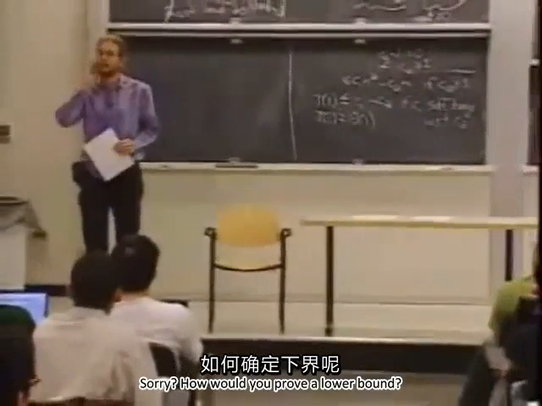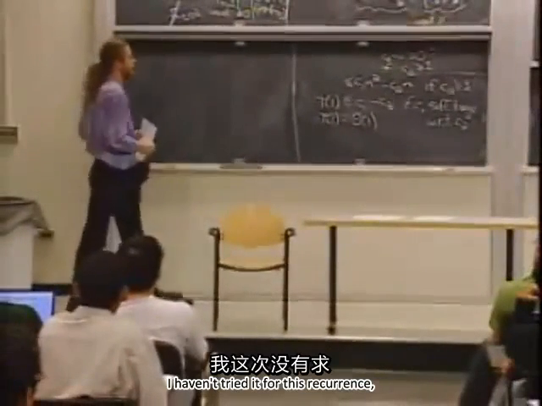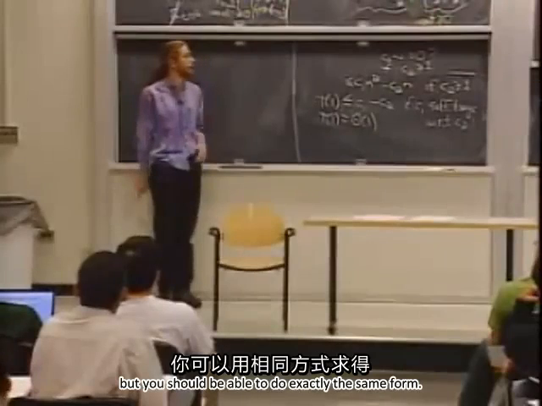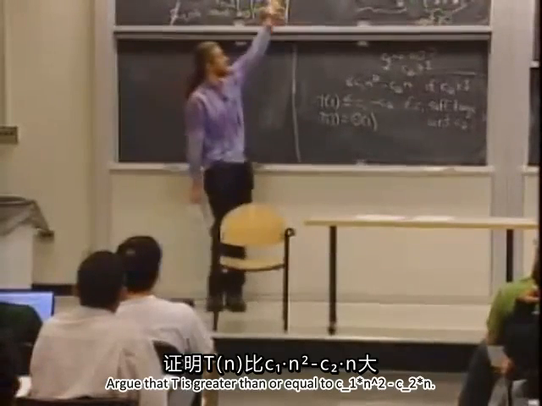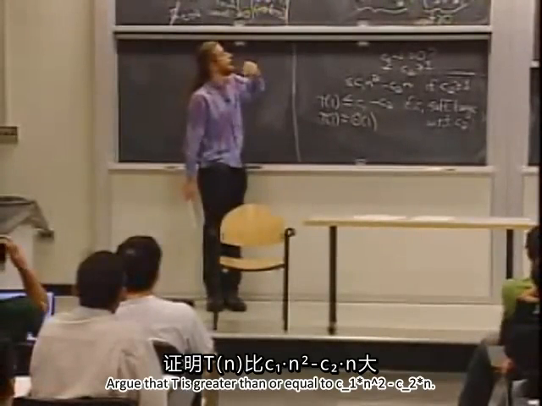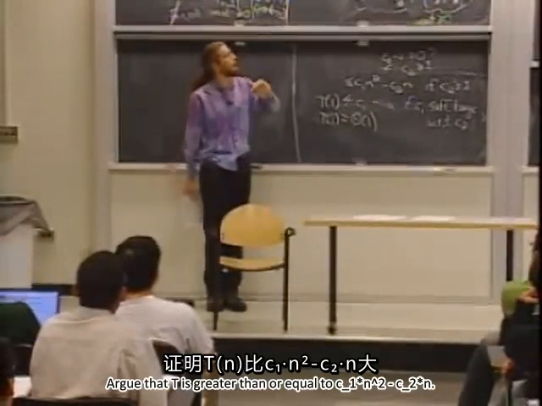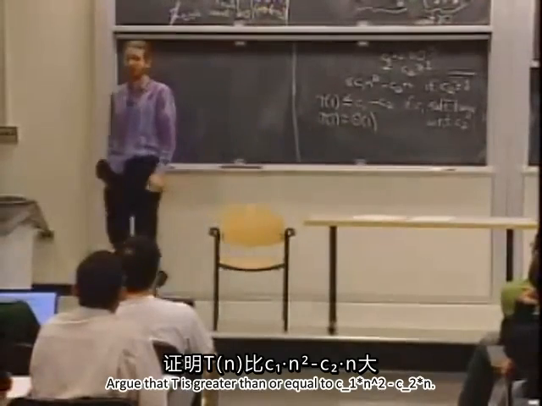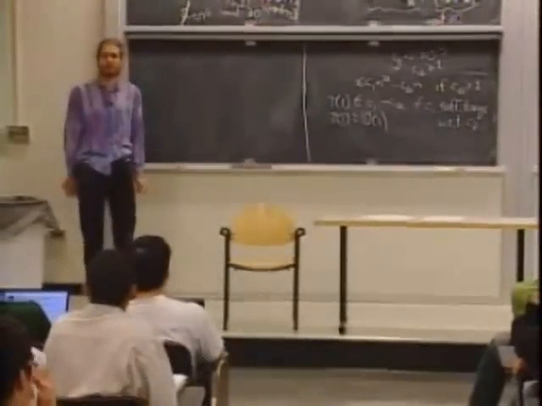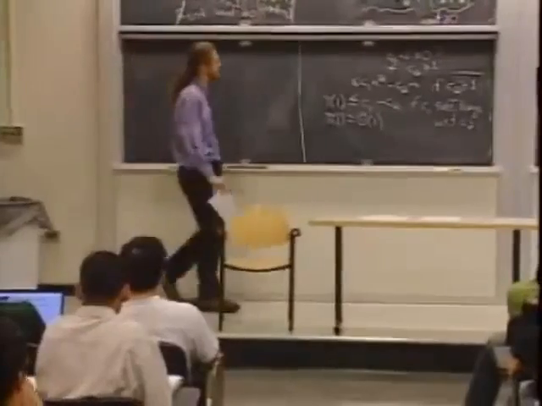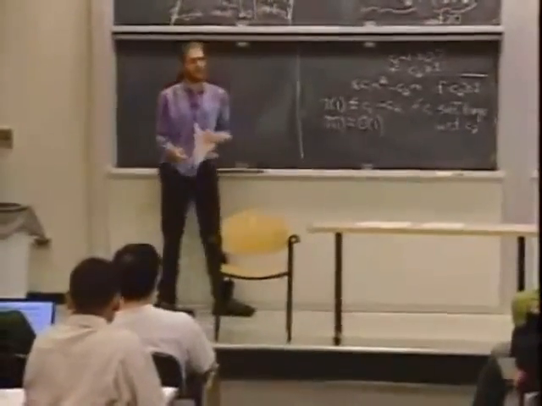Sorry? How would you prove a lower bound? I haven't tried it for this recurrence, but you should be able to do exactly the same form. Argue that T of n is greater than or equal to C1 times n squared minus C2 times n. I didn't check whether that particular form will work, but I think it does. So try it.